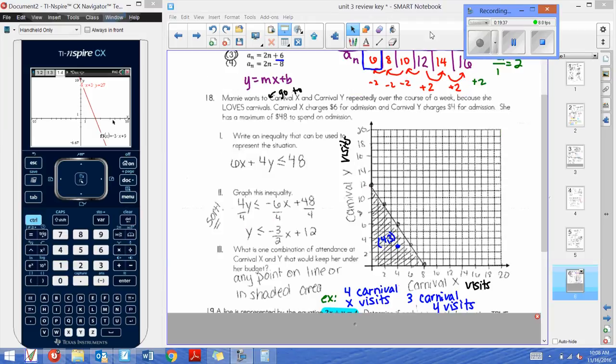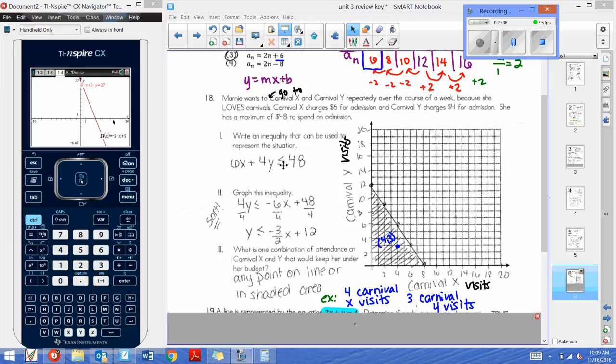Number 18, there were a couple words missing. Marnie wants to go to Carnival X and Carnival Y repeatedly over the course of a week because she just loves carnivals. So part 1 says to write an inequality. Because of this, I know that there should not be an equal sign in the problem. Whenever it says equation or inequality, remember, use the clues that the problem says to make sure that what you're writing down is correct and is consistent.